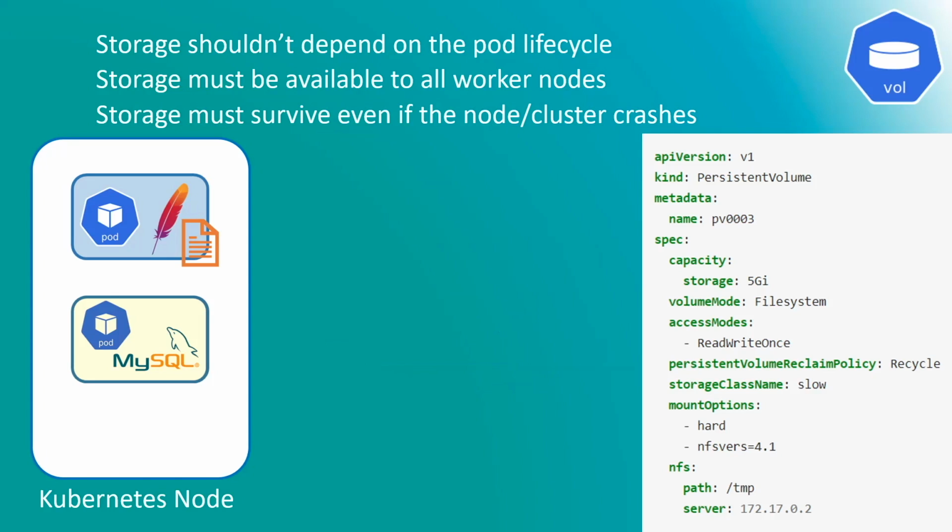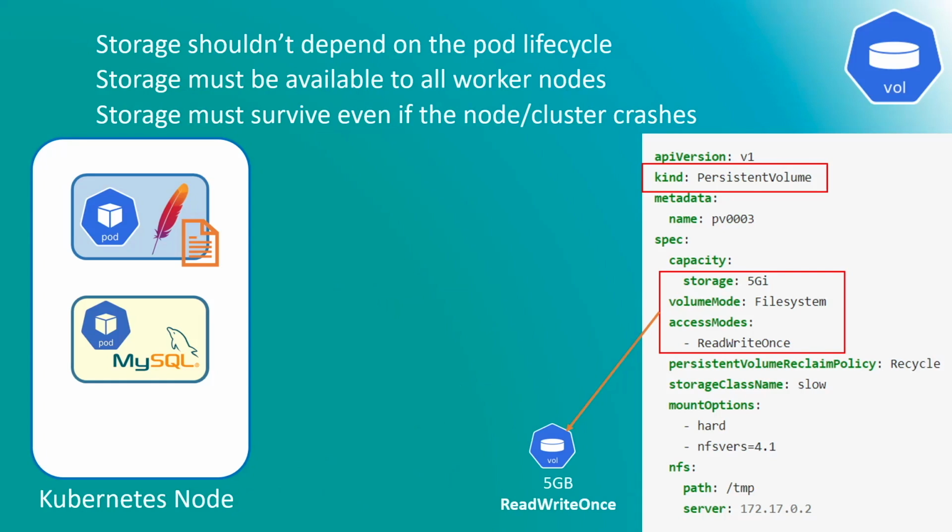In this video, we'll see both examples: how an administrator can provision, and how we can provision dynamically. We already reviewed this manifest file and we have seen that the kind is persistent volume. And here I have 5 GB storage, file system, and ReadWriteOnce as the access mode. We can create the persistent volume using this manifest file. This persistent volume is an abstract storage component and it can be associated with a physical storage.